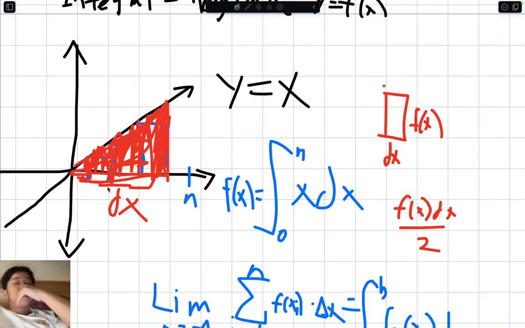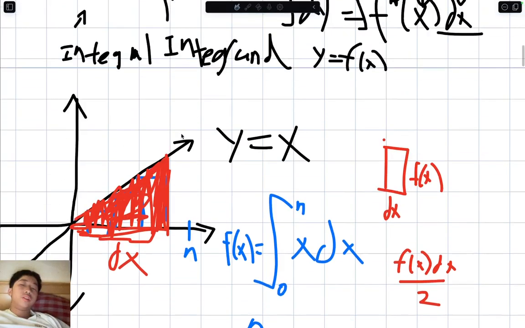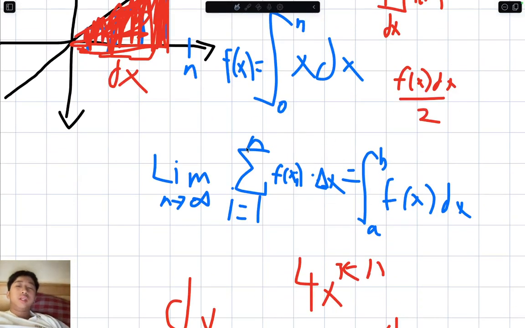What do you call it? The width of each square for the Riemann series, and you know the Riemann series right here, the n to the whatever times, you know.